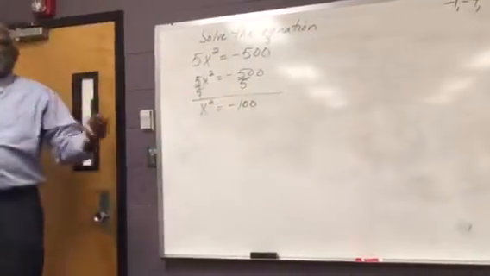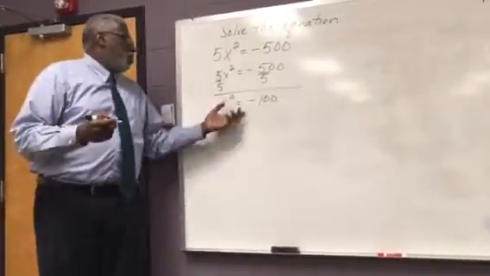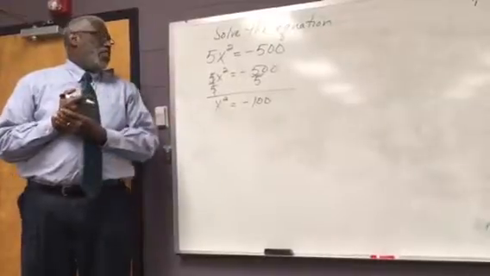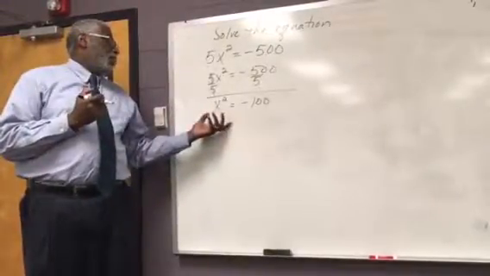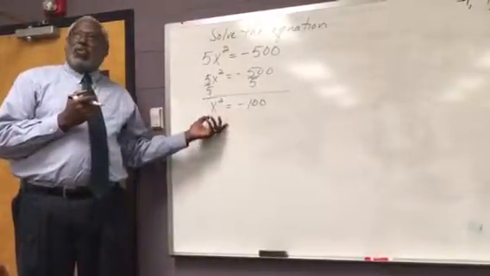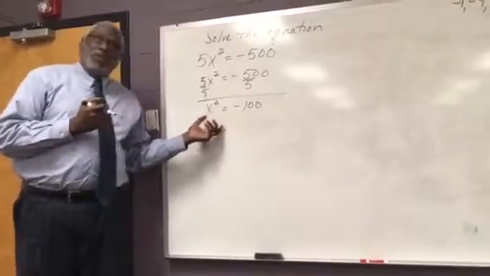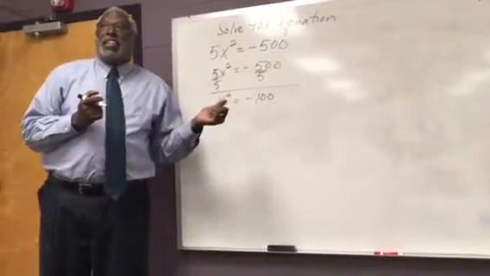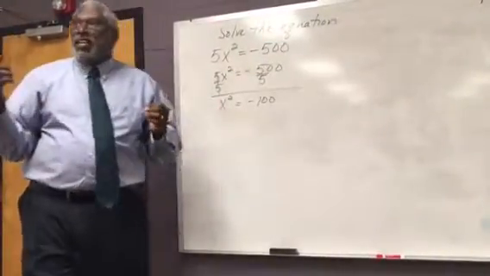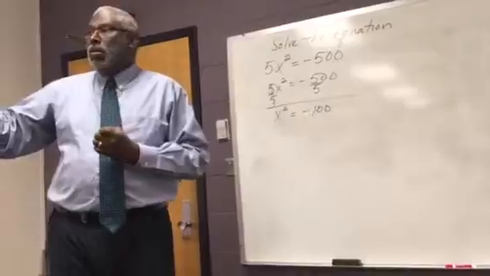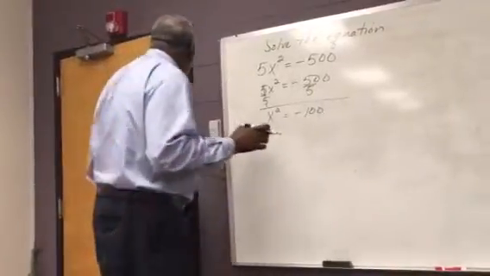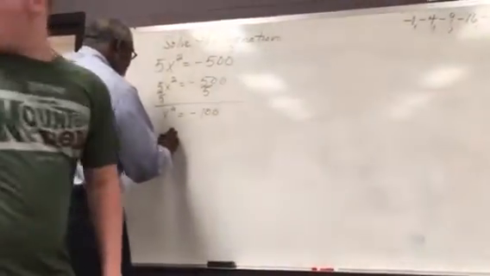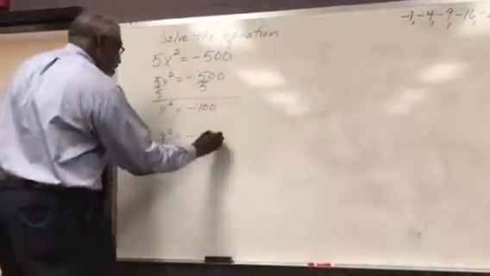Just like when we solve any equation, we want to solve for x. In order to solve for x, we have to get rid of the x squared. The opposite of squaring is the square root. So we have x squared equals -100.